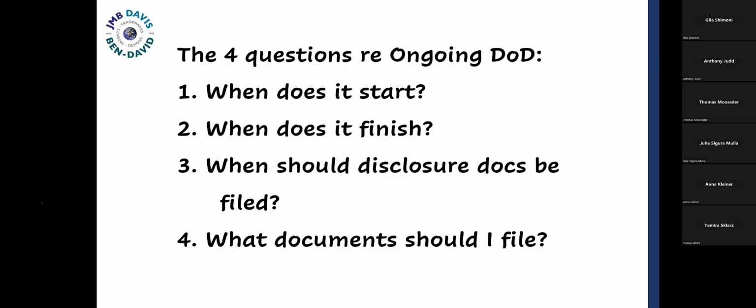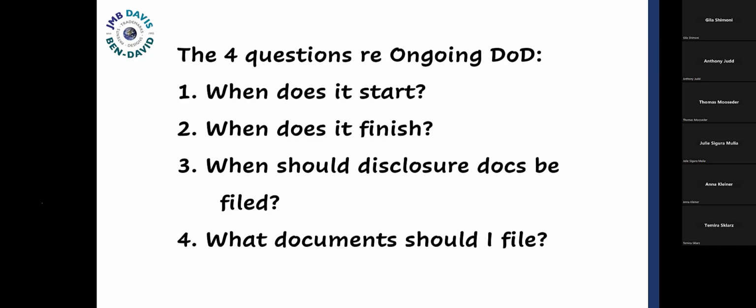The question is, when does that duty start? When does it finish? At what juncture, once we know about something, do we need to file those disclosure documents? And finally, what documentation is actually required? So there are variations.